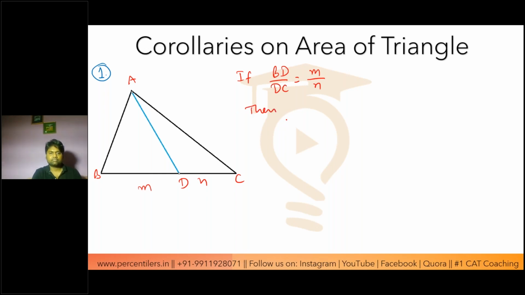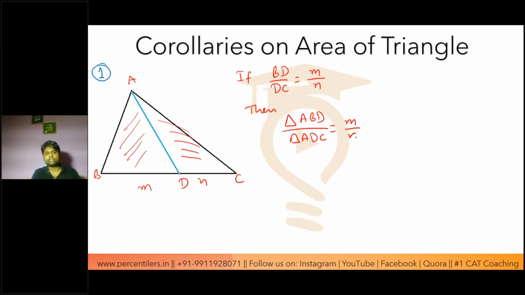Then the two new triangles formed are also in the ratio m is to n, automatically.